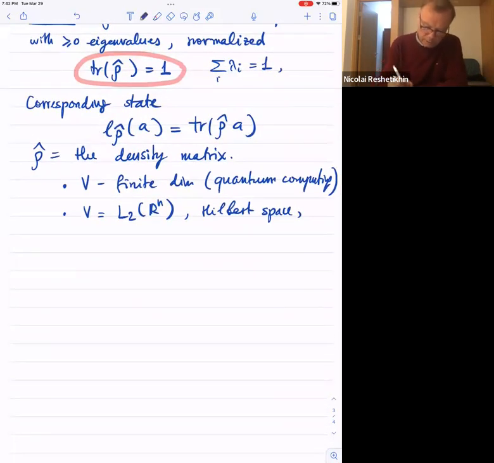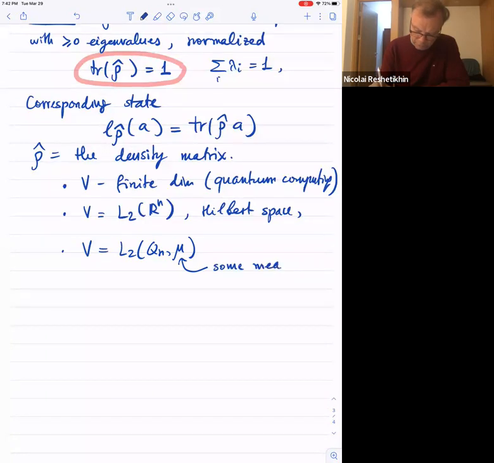More sophisticated examples are when you have L2 on some manifold, but if it's just a manifold, then you have to fix some measure on the manifold, for example the Riemannian volume typically, and so on.